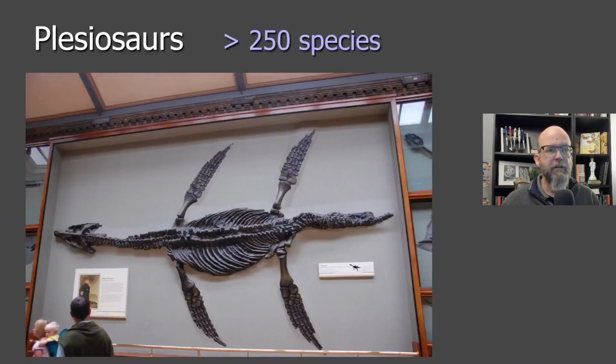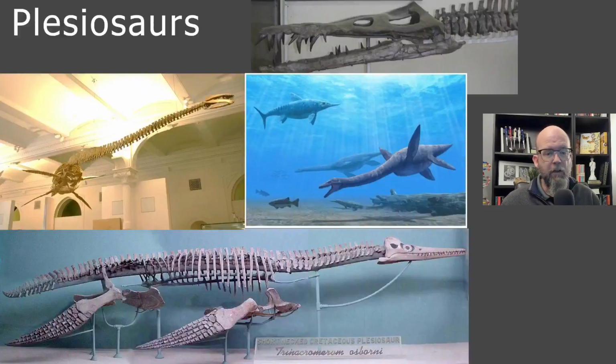That's the ichthyosaurs. Then we've got the awesome plesiosaurs, more than 250 identified species from the fossil record. Now the plesiosaurs, some of them were very, very large. So here's some relatively large skeletons of these long-necked things. So 250 species of those.